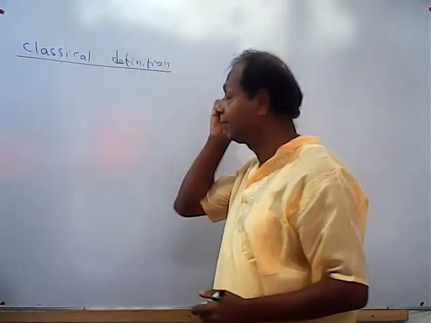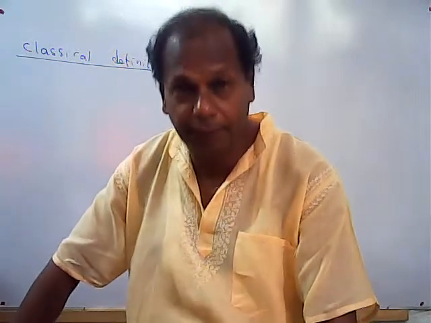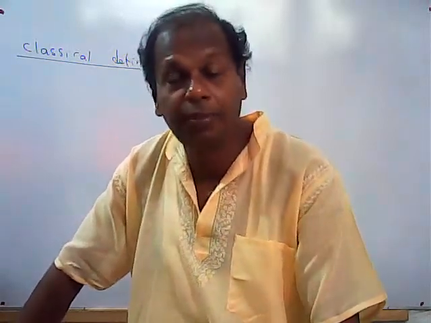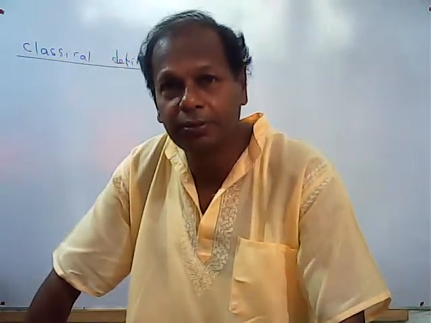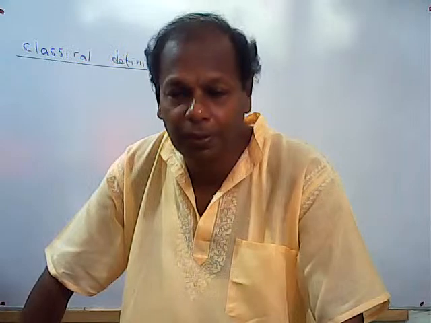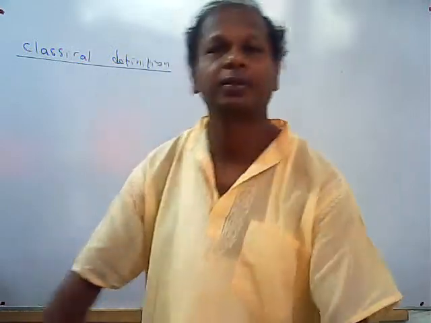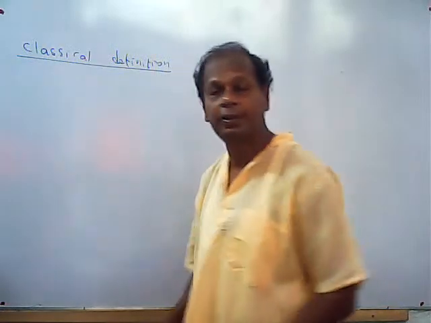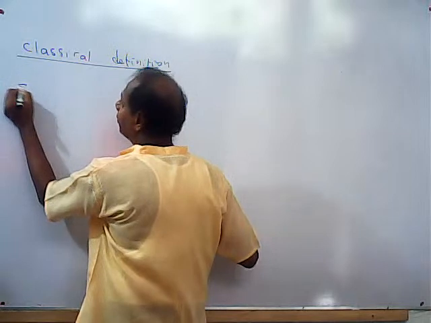Classical definition. In this you are not going to see the definition of probability at once, right? Before that there are many things to introduce, right? After introducing many terms, we come to the term probability, right? Definition of probability. So we start by defining the term sample space.